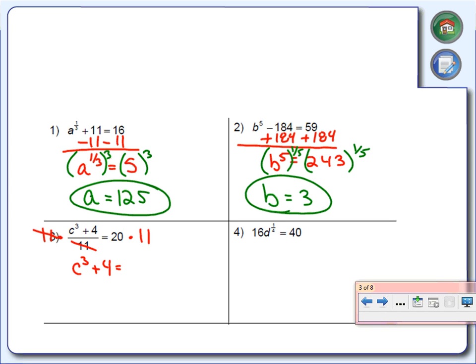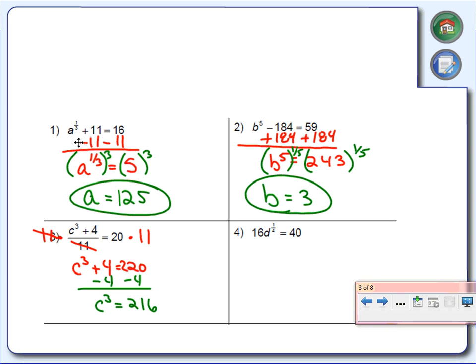All right, so what do you get when you multiply 20 times 11? 220. Okay, now it's looking like number 1 and number 2. So the next thing I'm going to do is come over here and subtract 4. 220 minus 4 is 216.